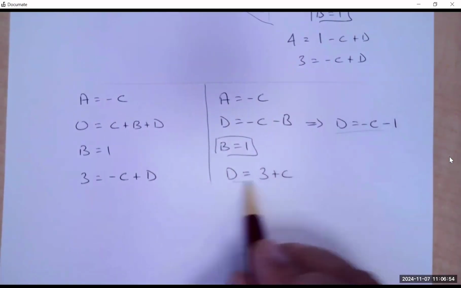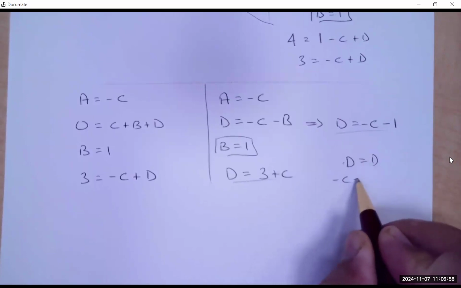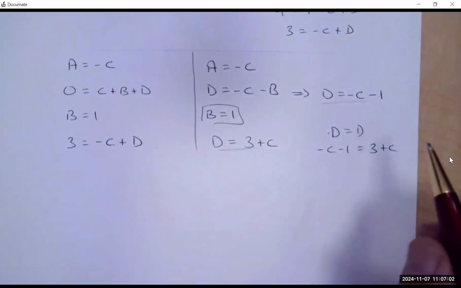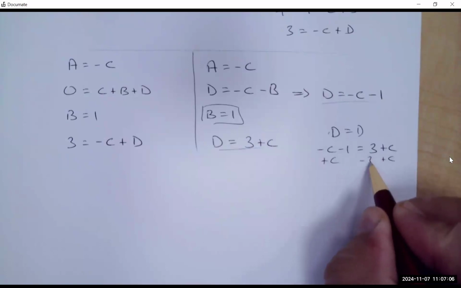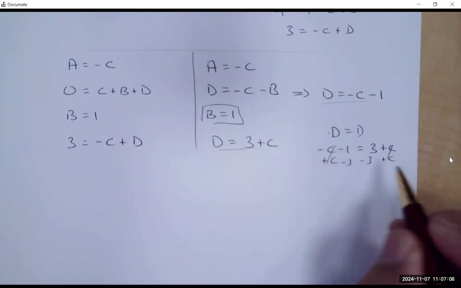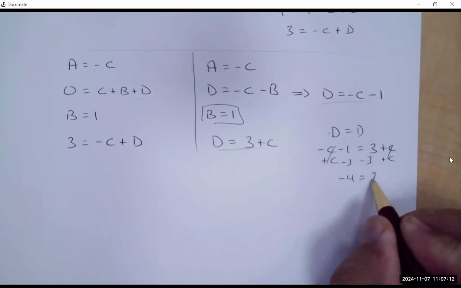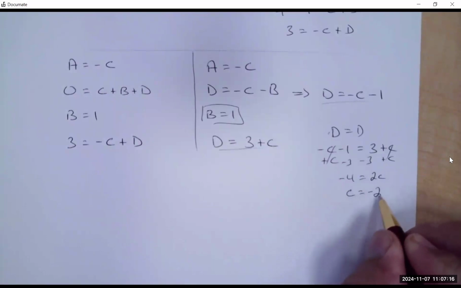So with these two, we have D equals D, which is negative C minus 1, 3 plus C. So add C to both sides, subtract 3. So negative 4 equals 2C. So C is equal to negative 2.